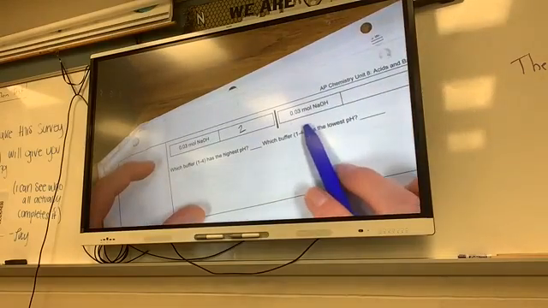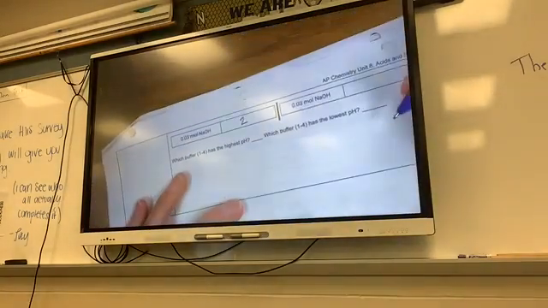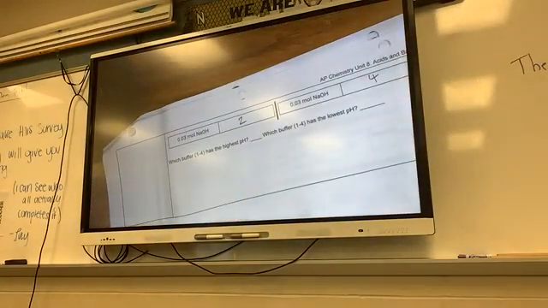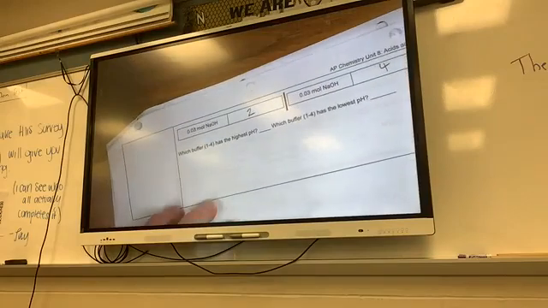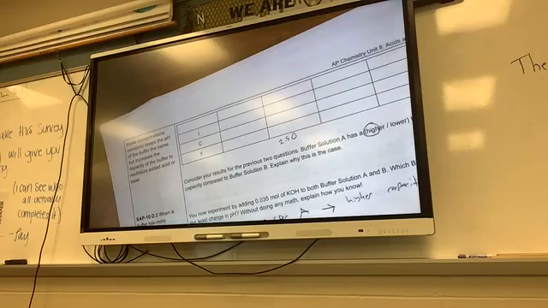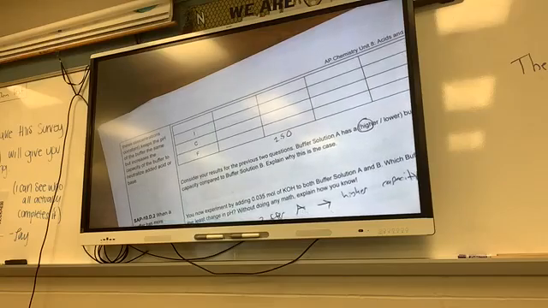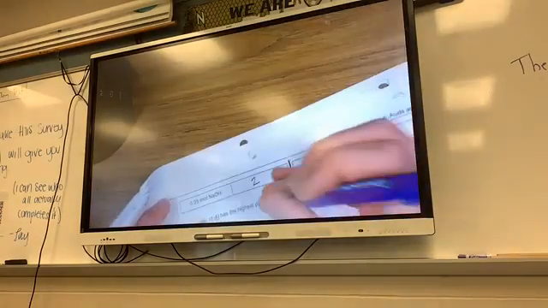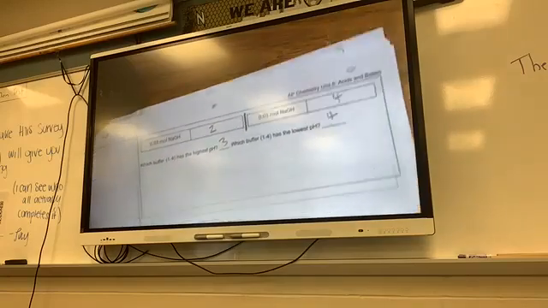And then 0.03 moles of NaOH. 3 or 4? 4. Which buffer 1 through 4 has the highest pH? Buffer 3. Which one has the lowest pH? Buffer 4. Those would be great multiple choice questions.